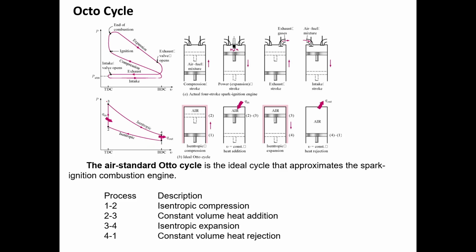Now we have Q in, right? We fire our fuel mixture, ignite the fuel mixture. That means basically we are adding heat. But Q out we can't actually achieve in a thermodynamic cycle practically. What we do instead is we replace the volume.